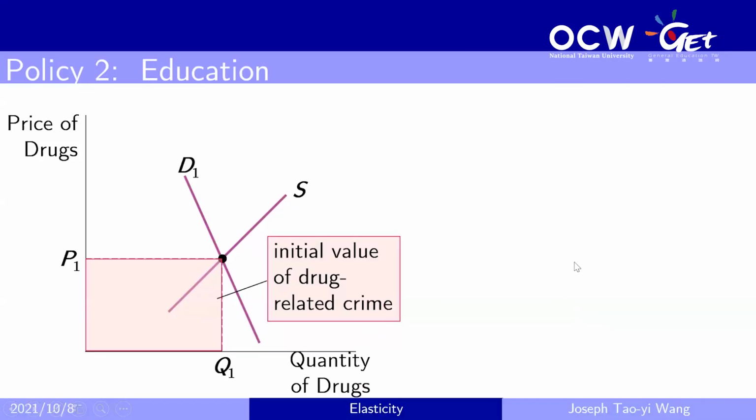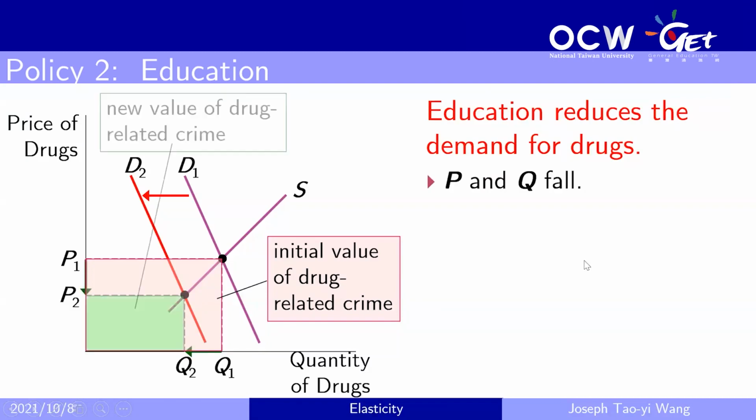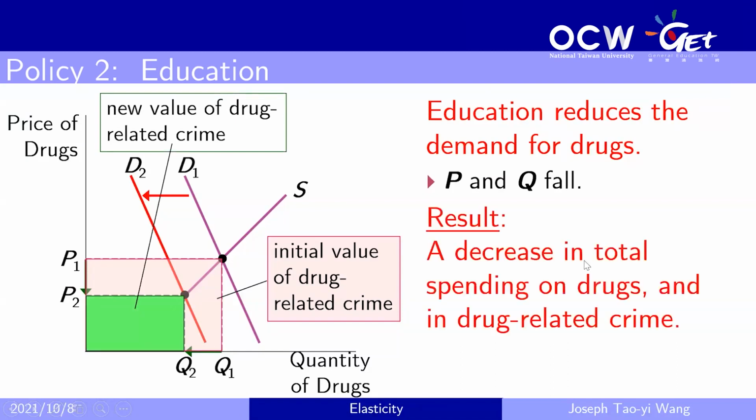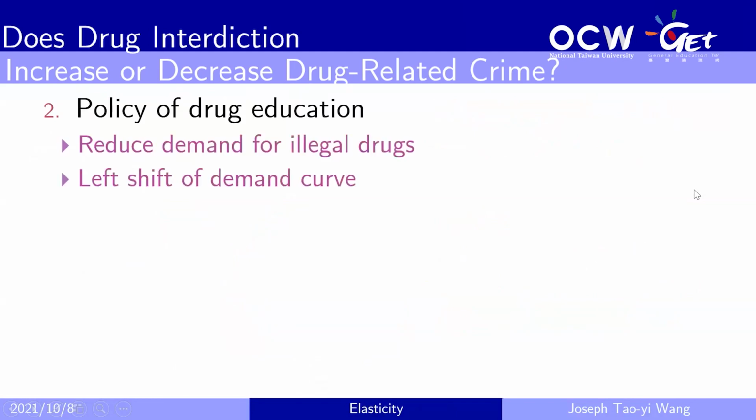So think about education. What you're doing is shifting the demand curve to the left. That means both quantity and price are going to fall. And of course, the total revenue is going to go down, and so is drug-related crime. To summarize, with drug education, you can reduce the demand for illegal drugs.